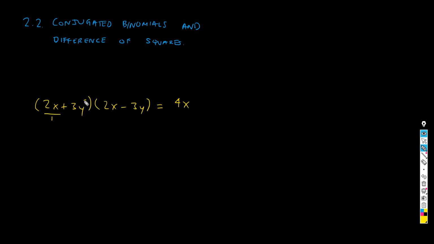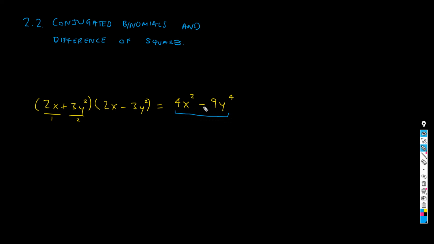By the way, I'm sorry, I forgot the square here. There is a square. It's going to be equal to the square of the first number, so that's going to be 4x squared minus the square of your second number or your second term, which is going to be 9y to the fourth. And this is our answer, right?